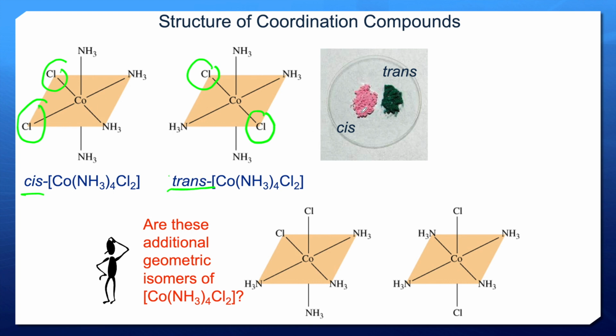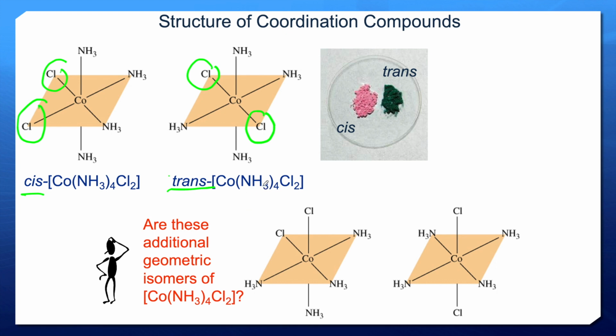For the cobalt, the cis exists as a pink compound, while the trans is green in color. Just because of the arrangement or placement of the chloride, it will give different colors and also different properties.